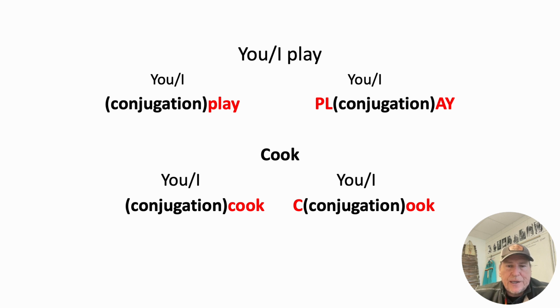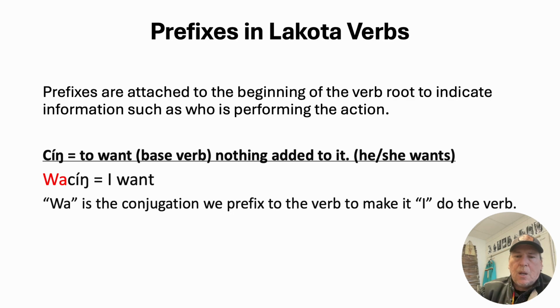That conjugation, whether it's I or you, is either going to go in front of the verb attached to it, or it's going to go in the center or in the middle of it. Prefixed or infixed. The second example, cook, same thing. It's either going to be prefixed, attached to the front of the verb, or it's going to come in the middle, infixed. So that's how the Lakota verbs are going to work.